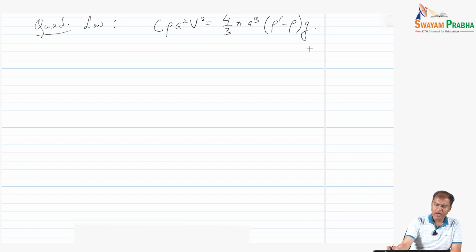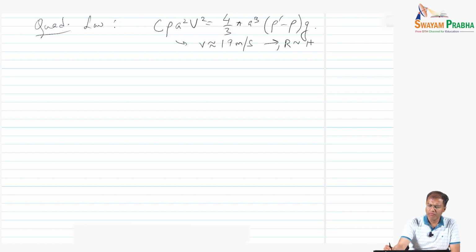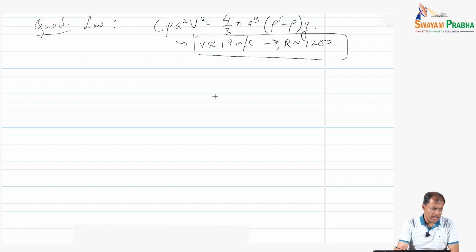And once we plug in all the values, I am going to get that v is roughly equal to 19 meters per second. That is quite a manageable number, right? And from here we get the Reynolds number to be roughly 1250. So these values seem more believable compared to the values that we had found for the linear law case. So it turns out that in this particular case, the ball is following the quadratic drag law.